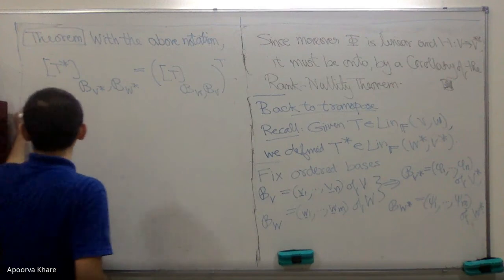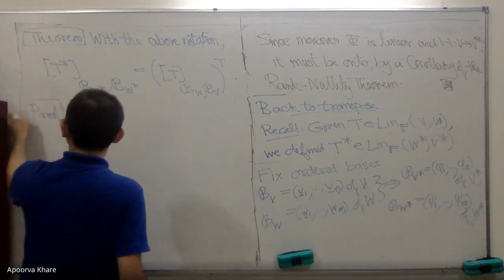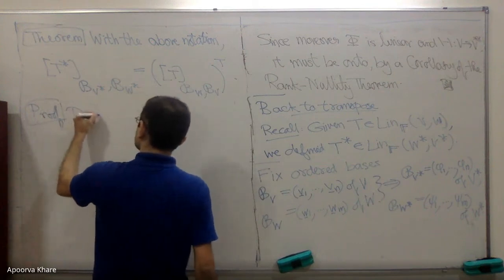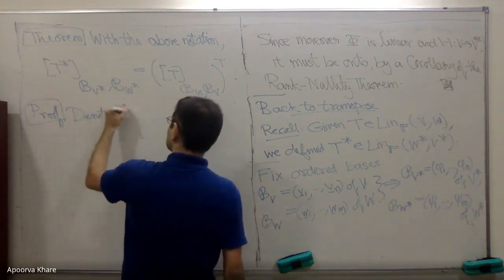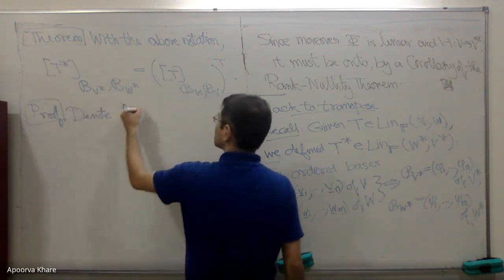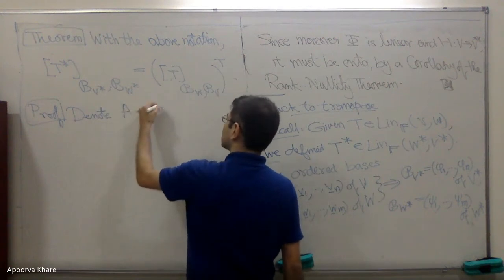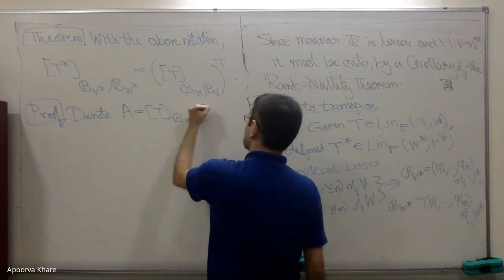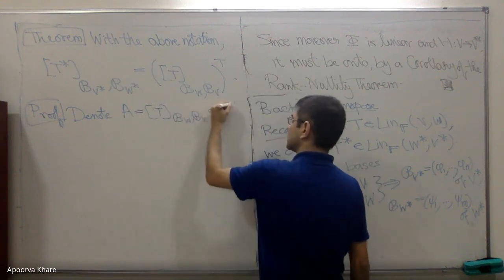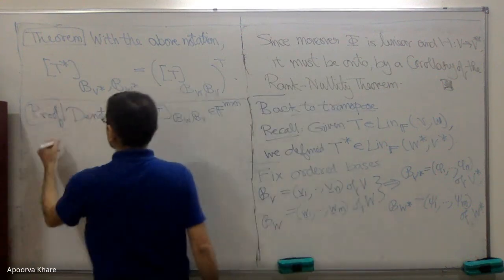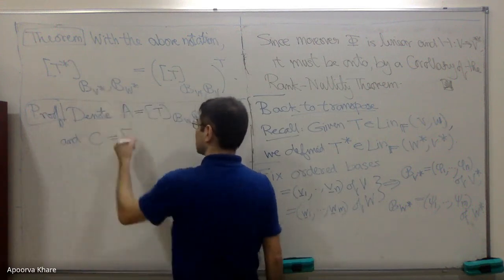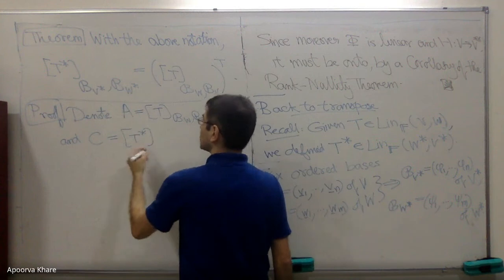So the proof, denote, I won't use B because B stands for basis. Let's denote A to be this matrix. This is an M cross N matrix as usual. And C equals this other, the left hand side, which is, I guess, N cross N.